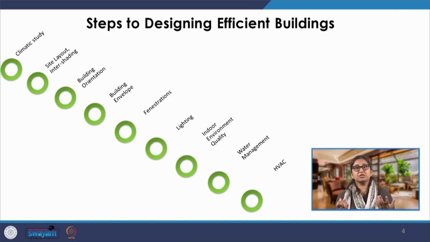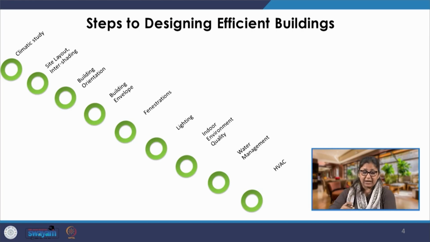For ventilation, we depend upon fans and other ventilation systems and do not depend upon natural ventilation. For thermal comfort, we depend upon HVACs. Even when it is extremely comfortable outside, the buildings tend to remain uncomfortable throughout the year, and that is because we do not follow the correct steps in designing these efficient buildings.